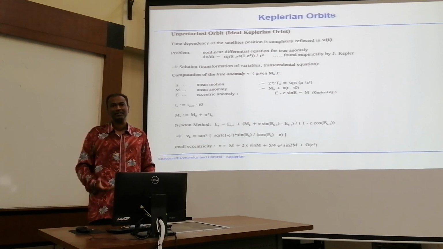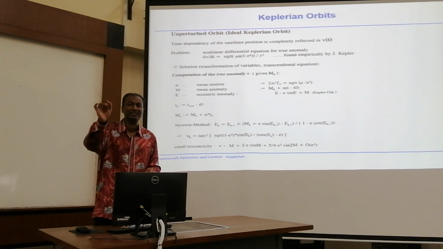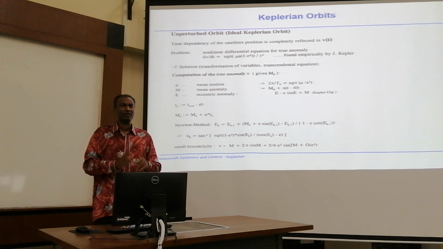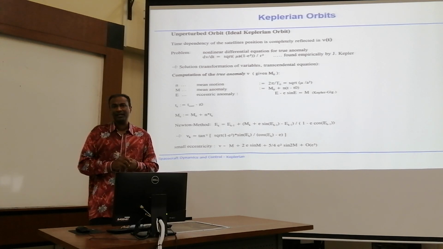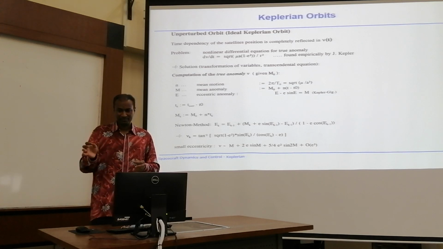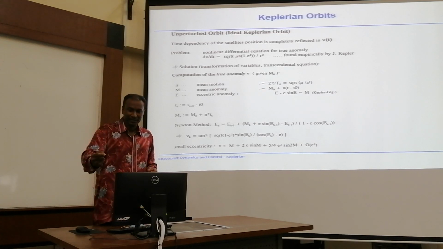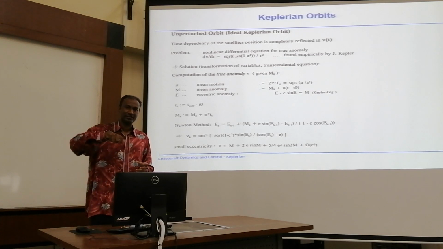When the mean anomaly is estimated, then in a particular orbit the time can be determined. The total period of the particular orbit is given by the third law of Kepler. Having that, the time is known, and when you know the time, your true anomaly in terms of degrees is also known.